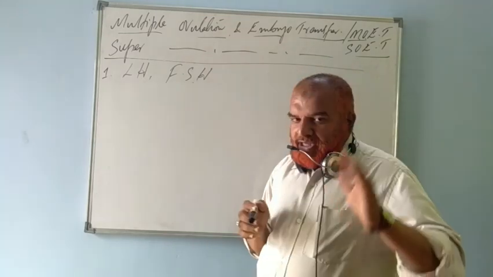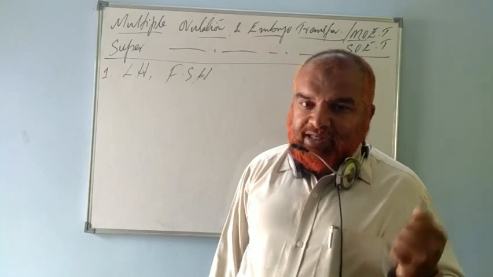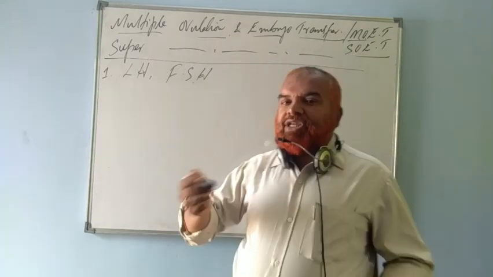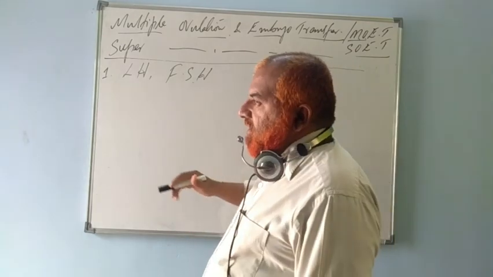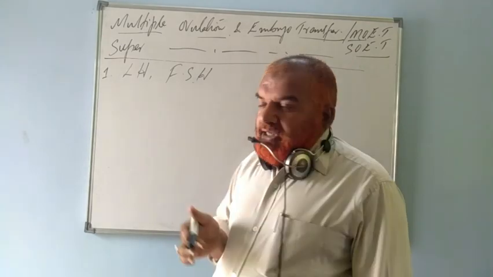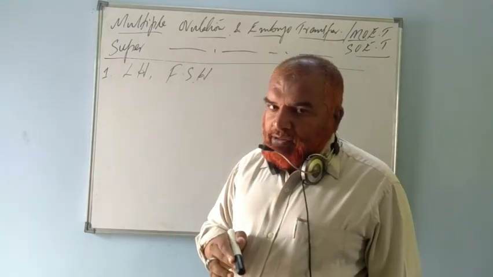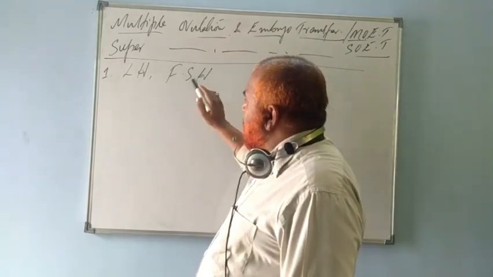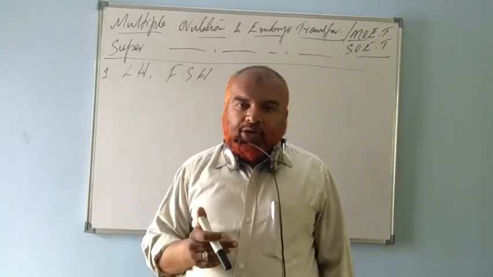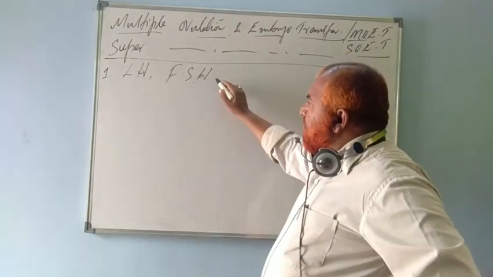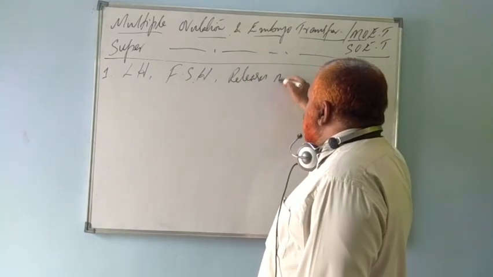These hormones are normally produced naturally in the mammal's body, so ovulation normally takes place, but here we are injecting them from an external source. One is LH, luteinizing hormone. The other is follicle stimulating hormone, FSH. These hormones are injected into the cow so that this animal produces many ova.